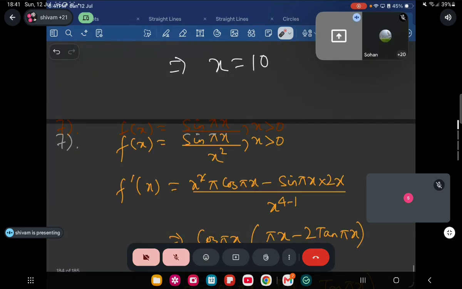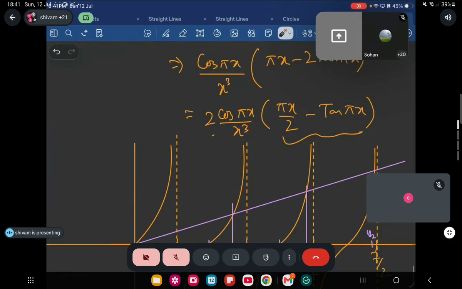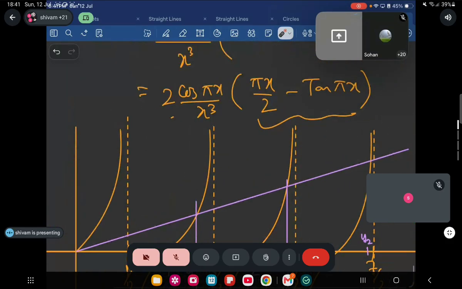Pay attention, everyone. Just look at the graph. Are you able to see that the difference between 3 by 2 and y1 is greater than the difference between 5 by 2 and x1? As we go from left to right, the distance from the nearest asymptote decreases.